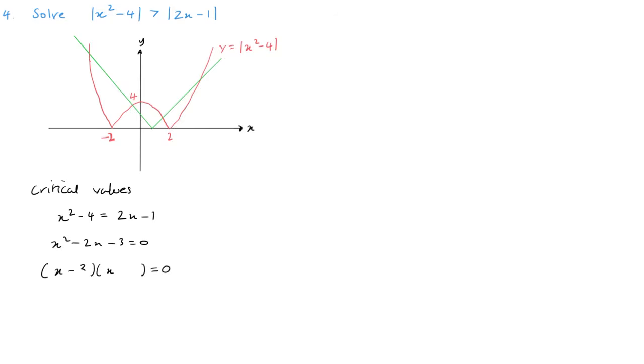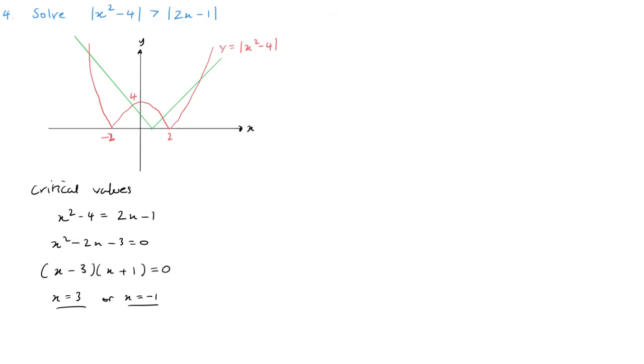So minus 3 plus 1. Let me just double check. X squared, 1x, take away 3x is minus 2x and minus 3. So x equals 3 or x equals minus 1. Those are my points of intersection there.